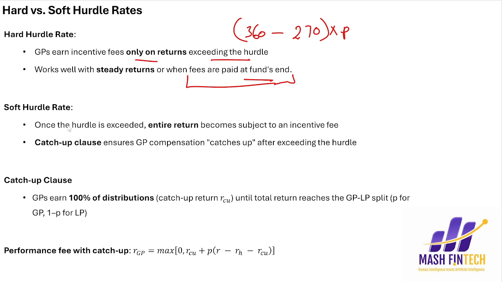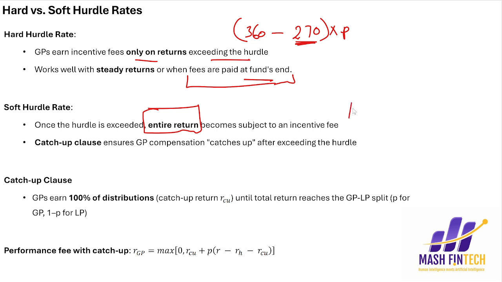On the other hand, the soft hurdle rate is paid on the entire return. So unlike in this instance where you have just the profits above the hurdle, you take the entire profit. If it's a soft return, if the profit is 360, it has to exceed 270, right?